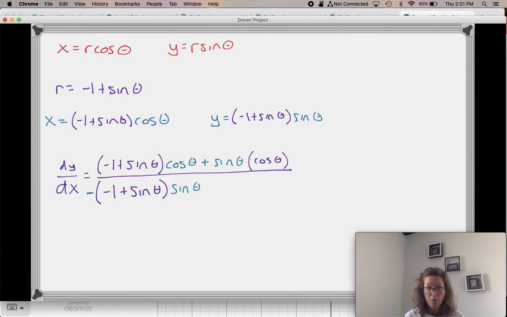I should put that negative out front. So that's the first, d second, purple d blue, okay, plus second, cosine, d first, the derivative of the purple now: the derivative of -1 is 0, and the derivative of sine is cosine. And so this is our derivative.